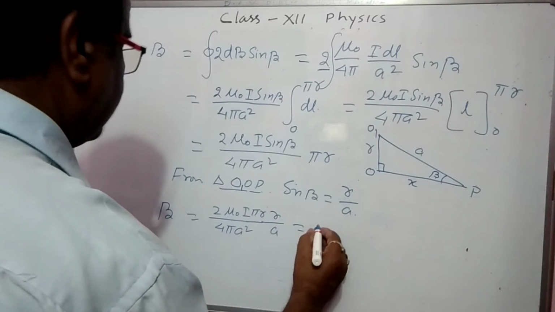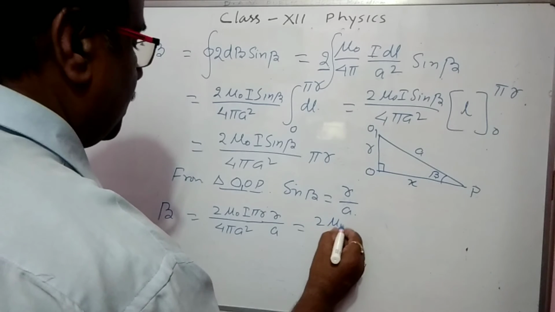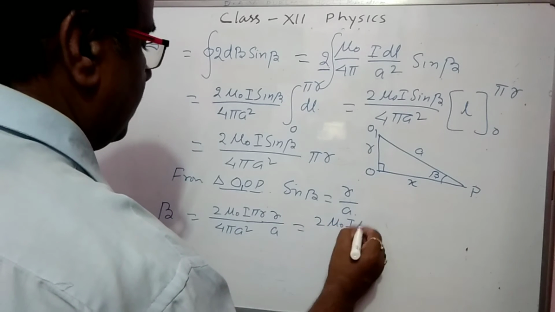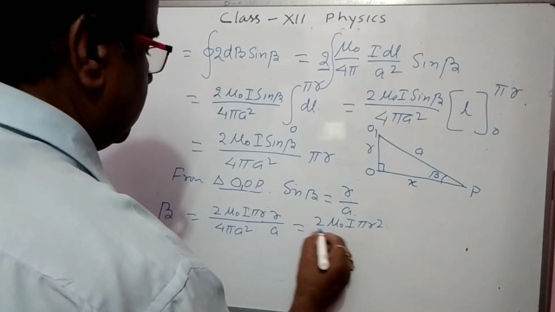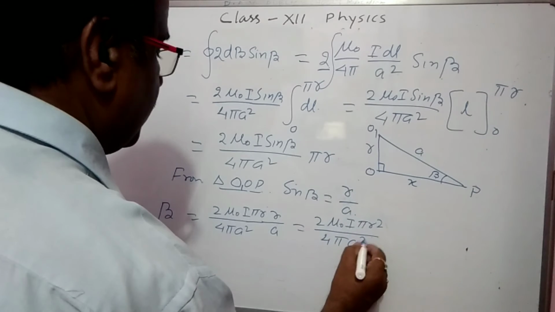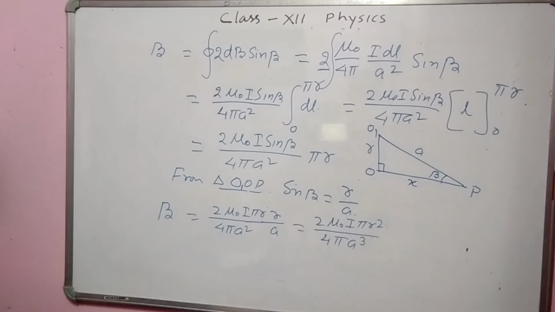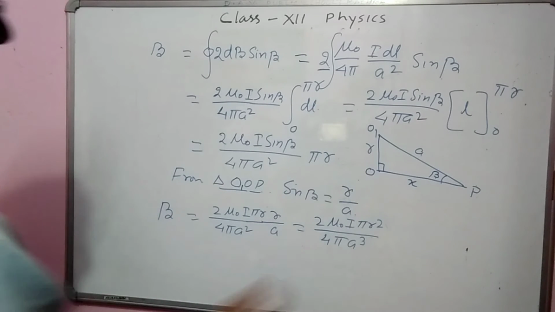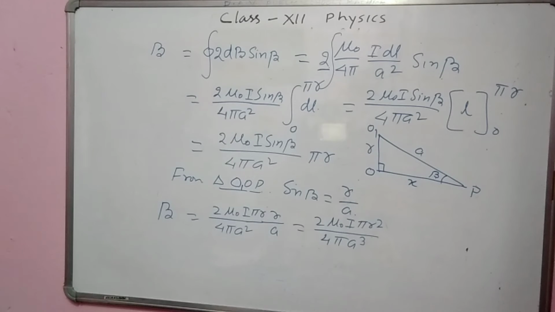Therefore it will become 2 mu naught I pi r square divided by 4 pi a cube. Some quantities may cancel, but I am not cancelling here.